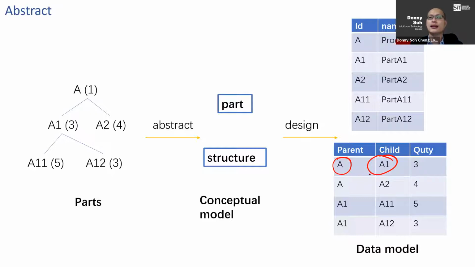So if we look at what we have learned all along, which is the entity relational model, we would model this as a relationship of a parent-child. Okay, so likewise for A and A2, if A2 is a child of A, this is also how we are able to model this relationship.